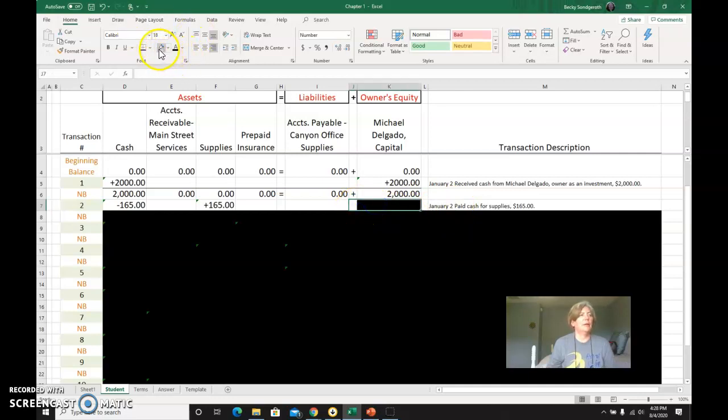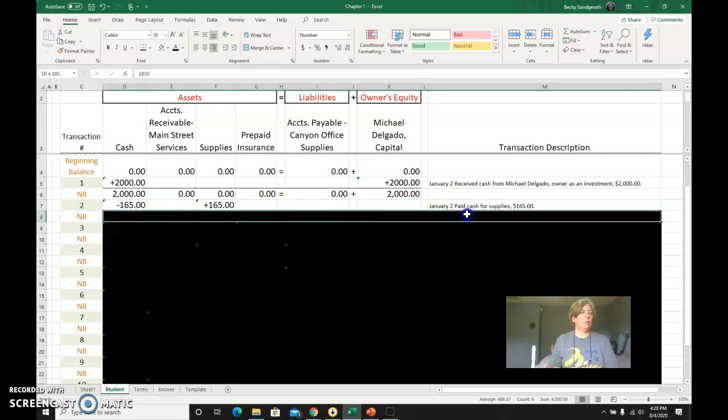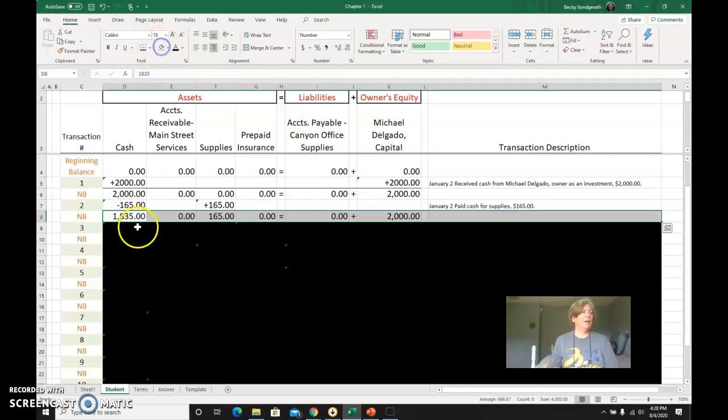So that is done. I want to again make sure that I'm equal once I compute my balances. If I compute all these balances, I would be at 1,835. I take 2,000 minus 165. I'm at 0 for accounts receivable, 165 for supplies, 0 for prepaid insurance, 0 for liabilities, and 2,000 for owner's equity.